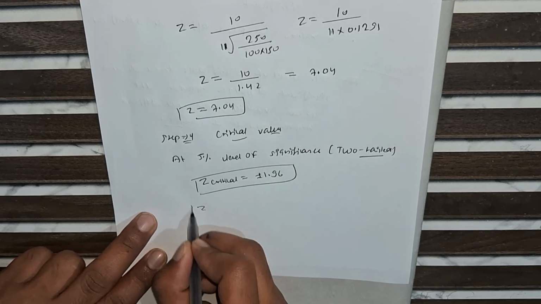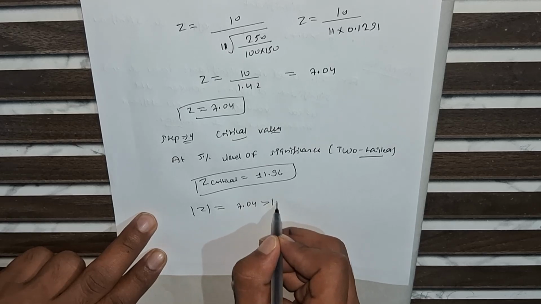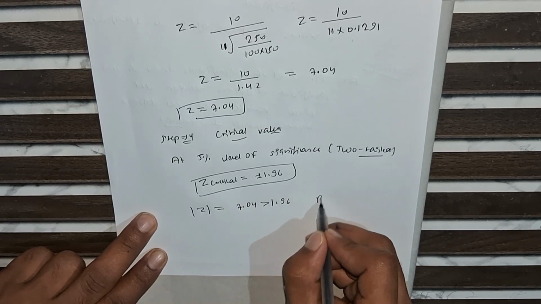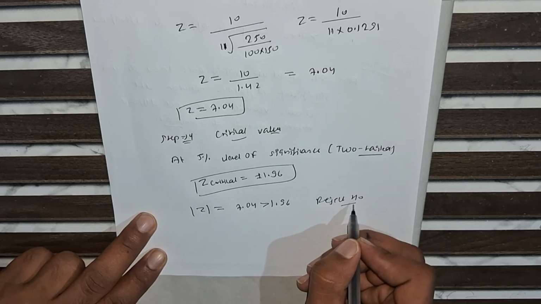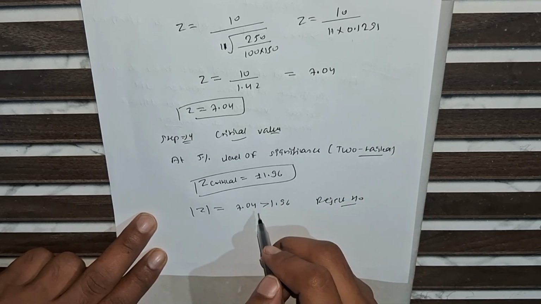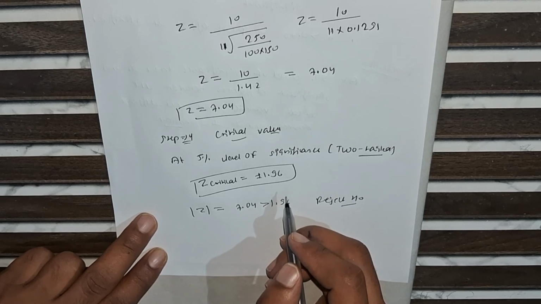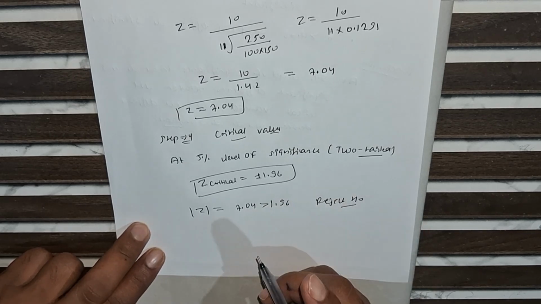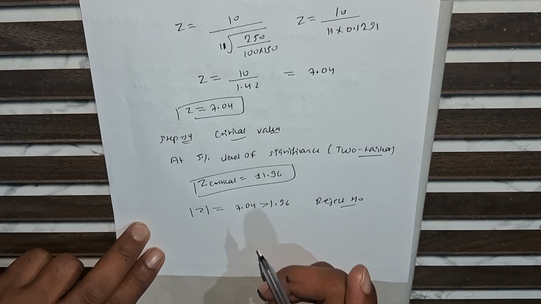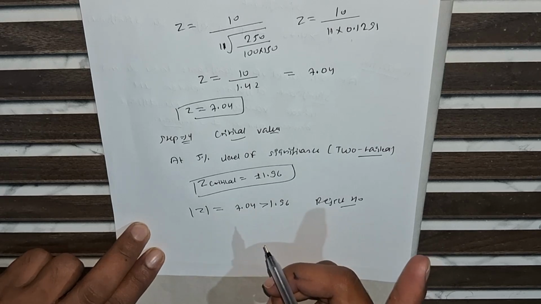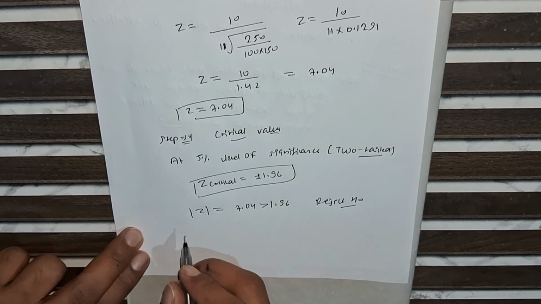So Z equals 7.04 is greater than 1.96. So our hypothesis is rejected, meaning H0, the null hypothesis, is rejected here, because the calculated value is greater than the table value at the 5% level of significance. What is the final conclusion? Since the calculated Z value is greater than the table value at the 5% level of significance, we reject the null hypothesis.